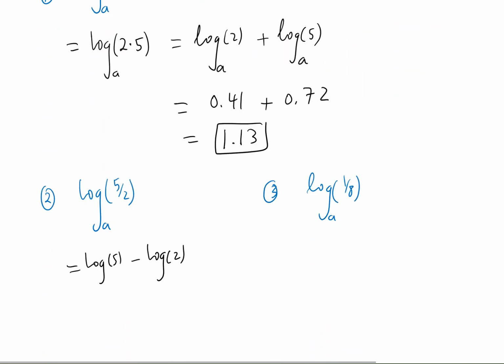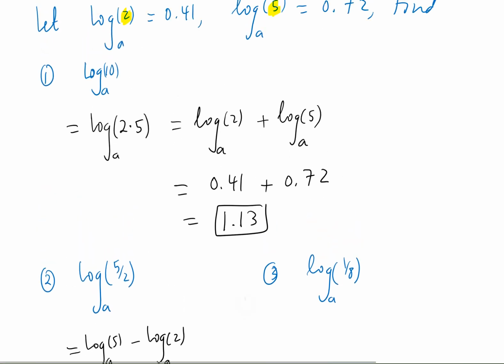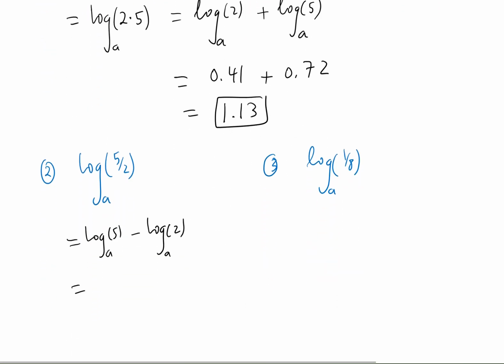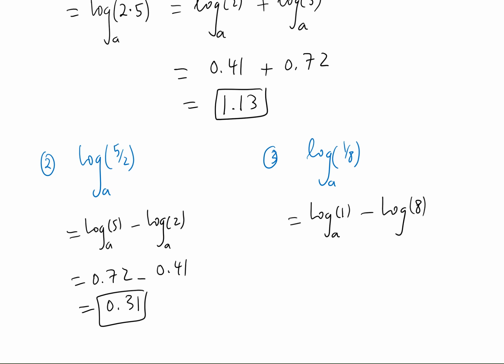It should be base 10 here, not just base a. So log 5 is given as 0.72. The other one is 0.41. And what does that give us? 0.31.